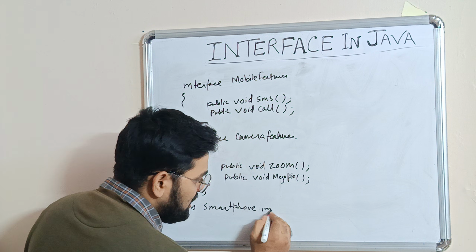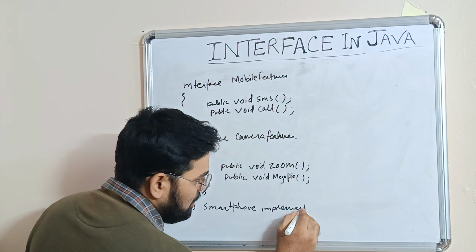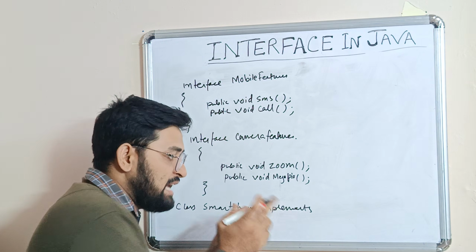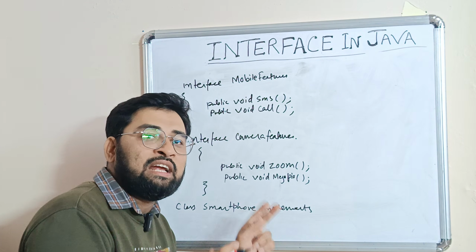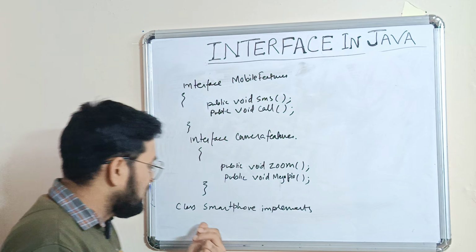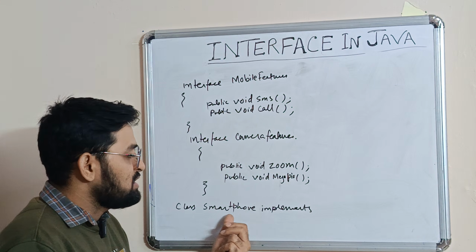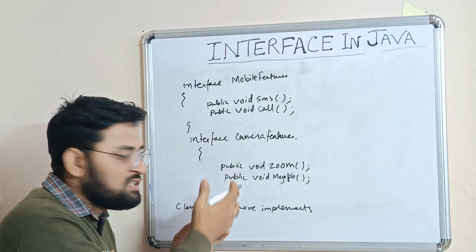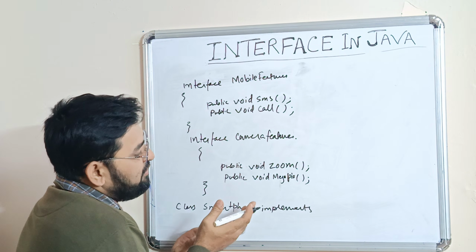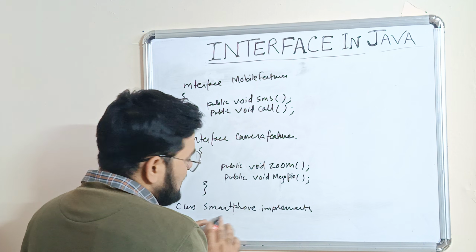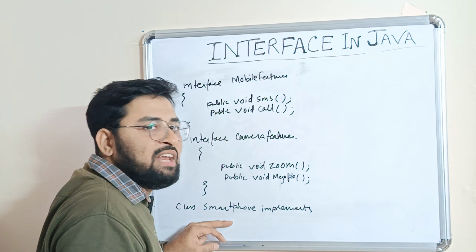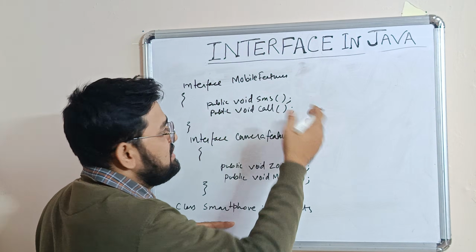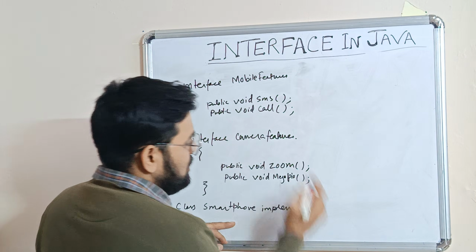So we need to write implements. In the case of a class, as we have seen, we used to write class extends. If there is a third class, that means class Smartphone extends. But in the case of an interface, we have to write implements. Class Smartphone is a new class created along with the features of the parent interfaces.